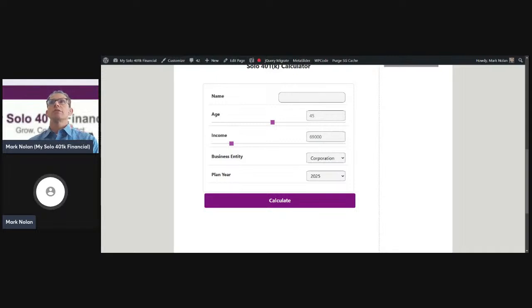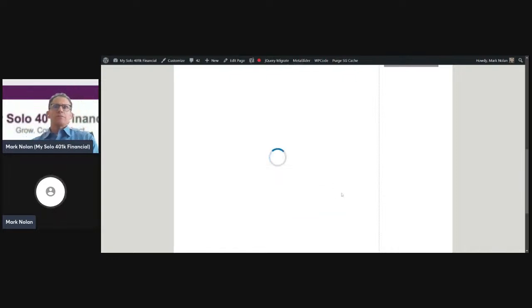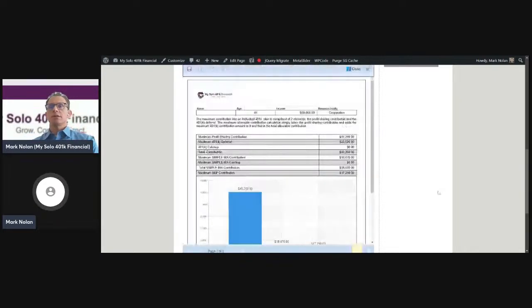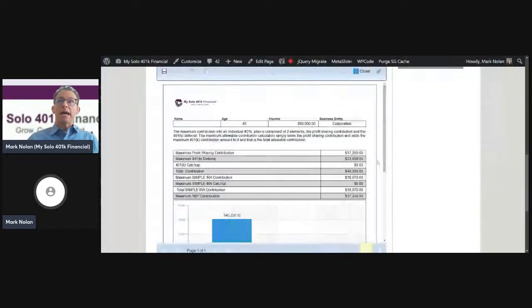Okay, let's do an illustration here. So here we're going to do an illustration for tax year 2024. With the calculator, you have to do a few manual things here. Let's blow this up a little bit. So based on $69,000 of W-2 wages from your self-employed S corporation for tax year 2024, it's pretty easy because you don't have to subtract any self-employment income tax from an S corporation W-2.